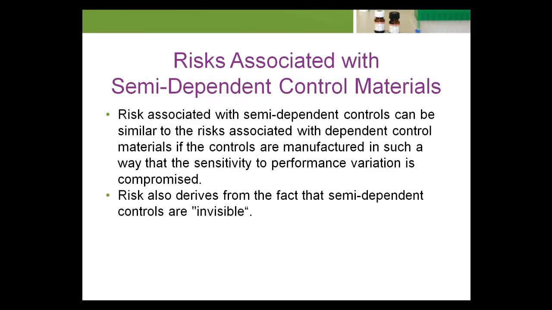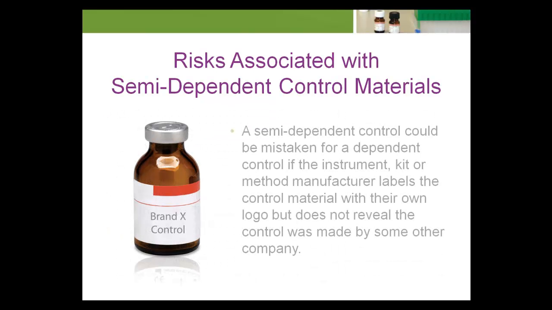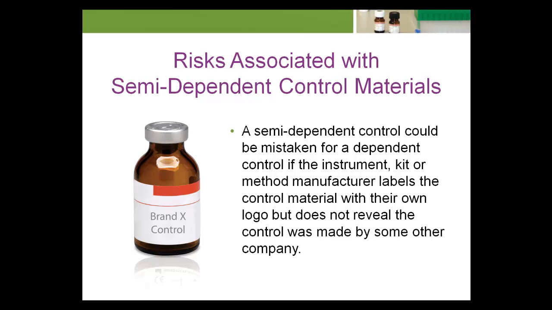Risk also derives from the fact that semi-dependent controls are invisible, because the formulation of the control material is usually not revealed in product labeling. The laboratory is typically unaware of the manufacturing relationship or of any optimization or special product specifications that might have occurred with the material. For example, a semi-dependent control could be mistaken for a dependent control if the instrument, kit, or method manufacturer labels the control material with their own logo, but does not reveal the control was made by some other company.